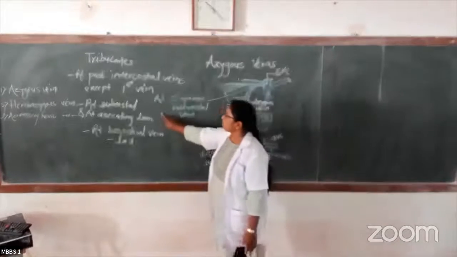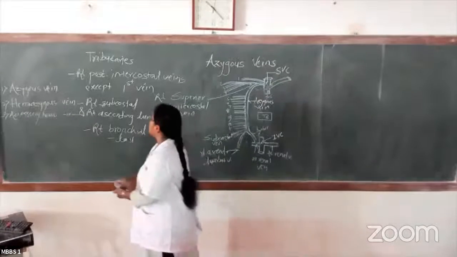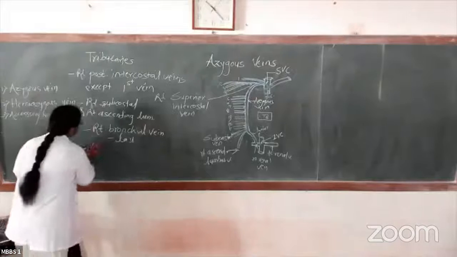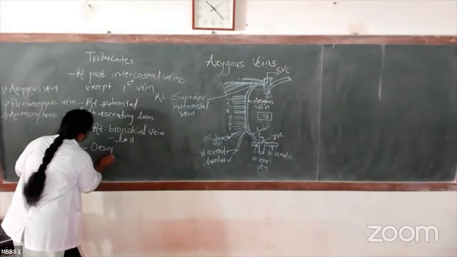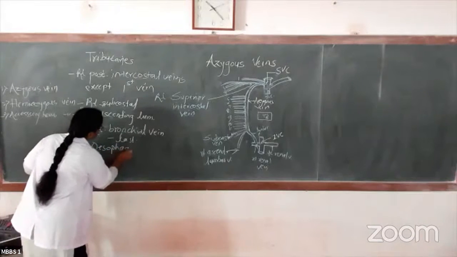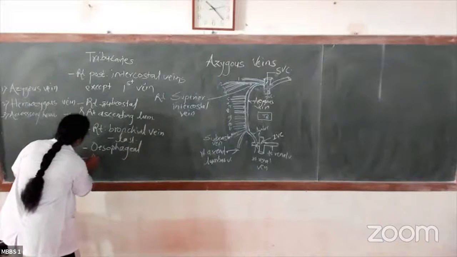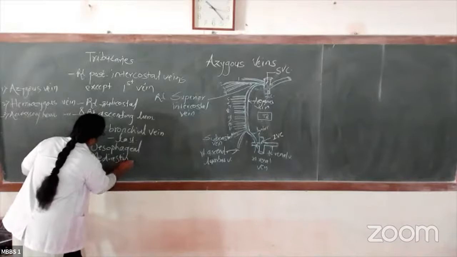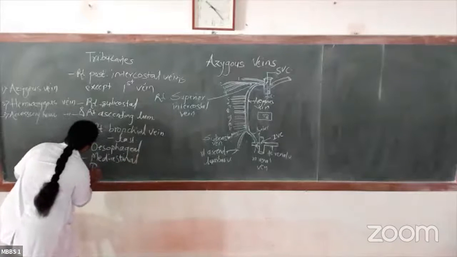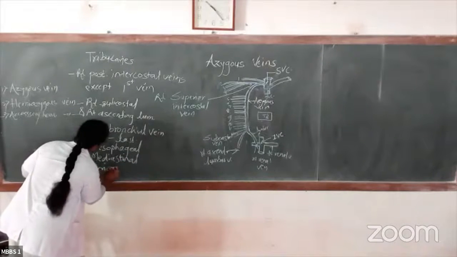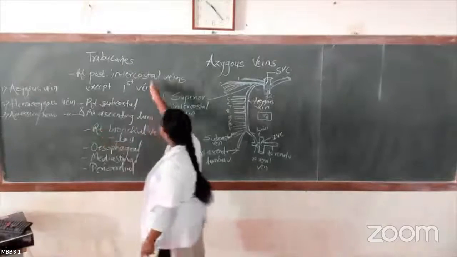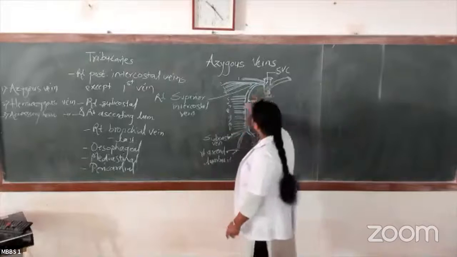So this is the first tributary and the right bronchial vein is the last tributary. And esophageal, mediastinal and pericardial veins are also tributaries of this azygous vein.